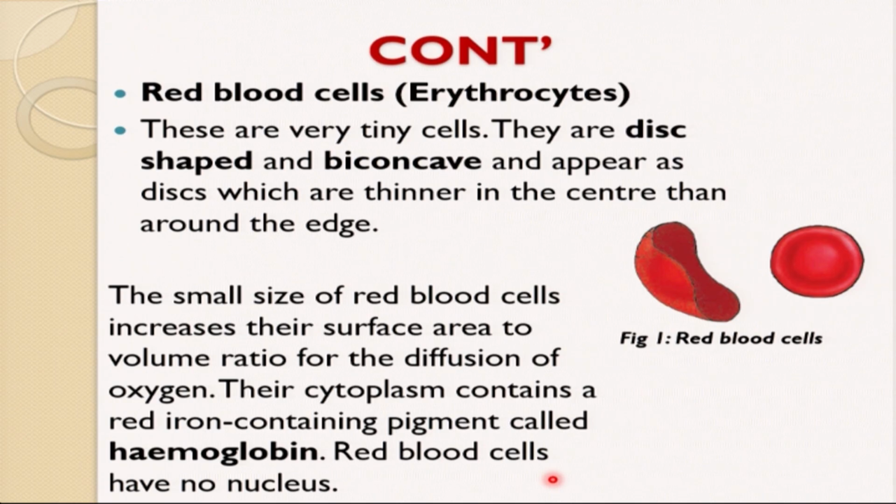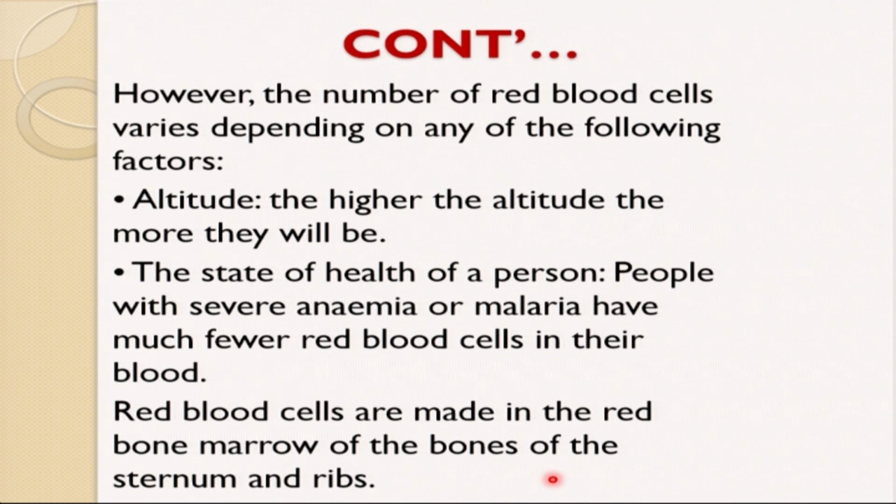Red blood cells have no nucleus. However, the number of red blood cells varies depending on the following. The number of red blood cells varies from individual to individual. People who live at high altitude have more red blood cells compared to people who live at low altitude. People who are healthy have more red blood cells compared to a person who is sick.